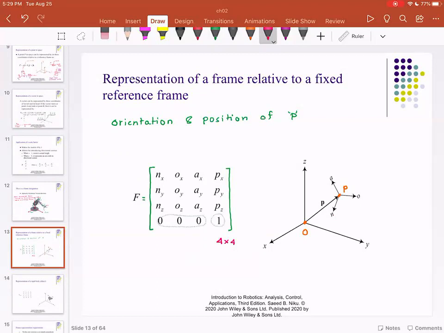This subsection of the matrix has the orientation information or the rotation information. I'm going to call this R. This 3 by 3 matrix indicates the rotation. This 3 by 1 vector indicates the position. This is rotation.